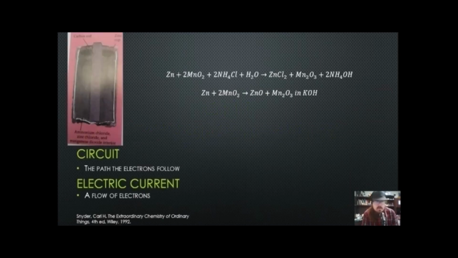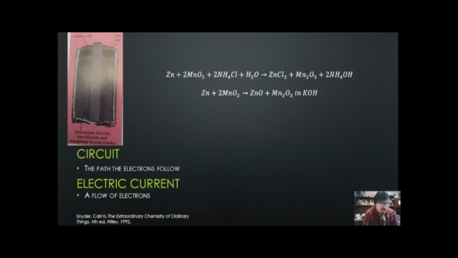Now, batteries are probably the most common application of all the types of our redox, our oxidation reduction reactions. We can have lead acid car batteries, we can have nickel cadmium batteries in our tools. Probably the most common one we've heard of is alkaline batteries, which are AAAs or AA batteries.